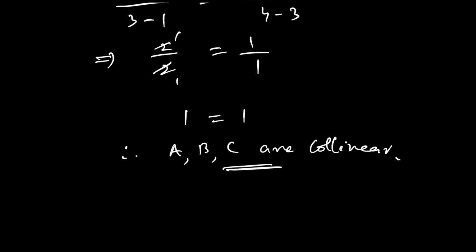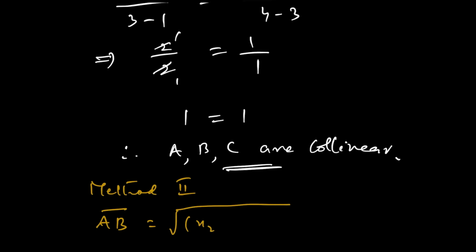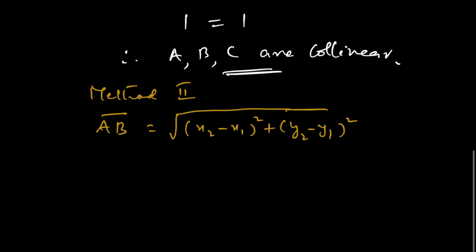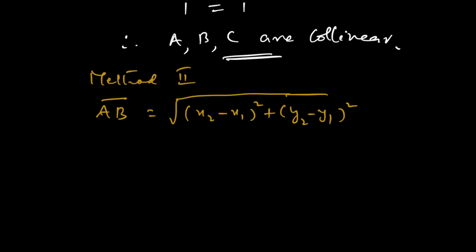Now side AB we shall find out. The formula is root of x2 minus x1 whole square plus y2 minus y1 whole square, where A is x1, y1 and B is x2, y2. This way you find the distance between 2 points.